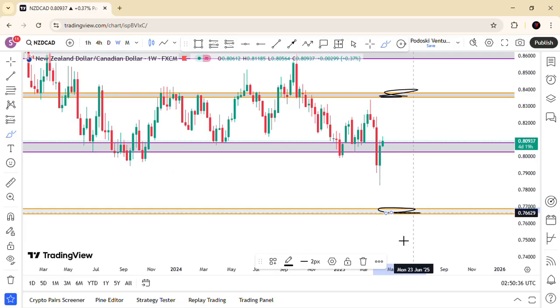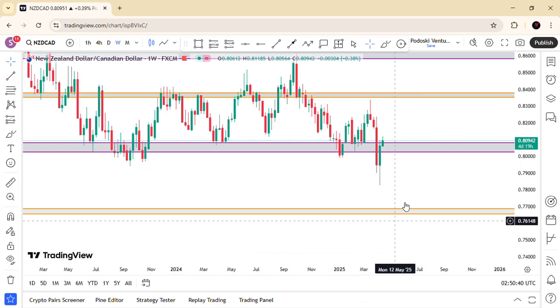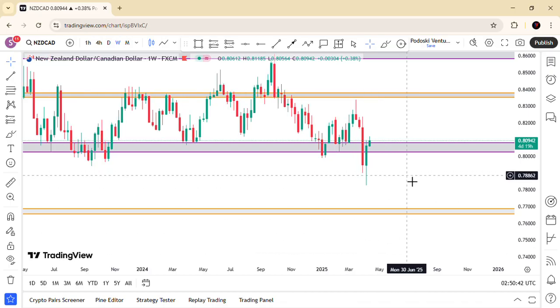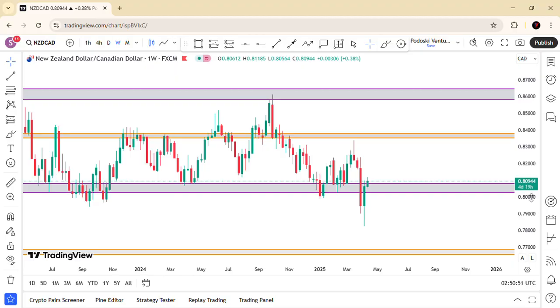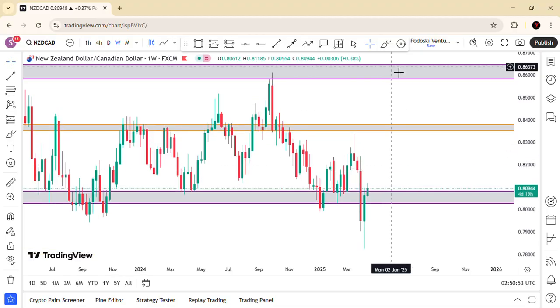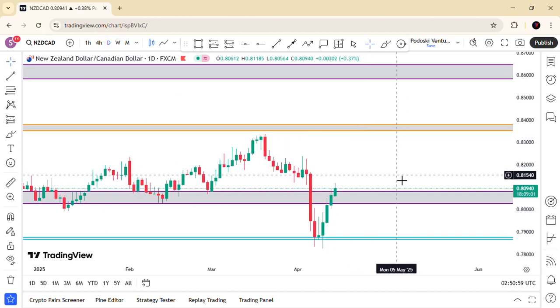On the weekly time frame, we are seeing buying pressure coming out from this zone all the way to the upside. So let's look for buying opportunities on NZDCAD all the way to the upside. Let's go to the daily and see what we can get there.